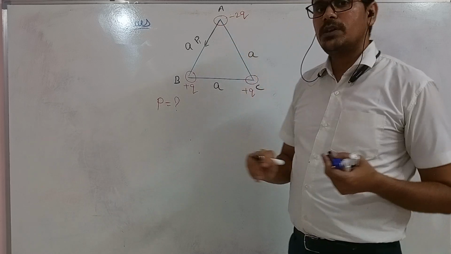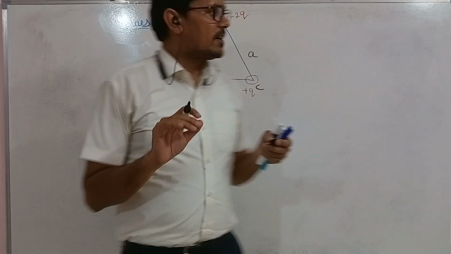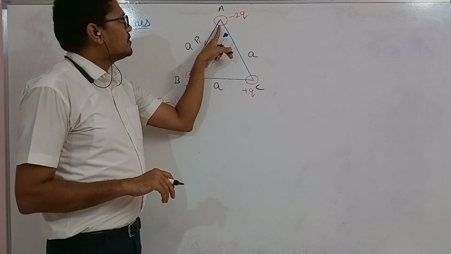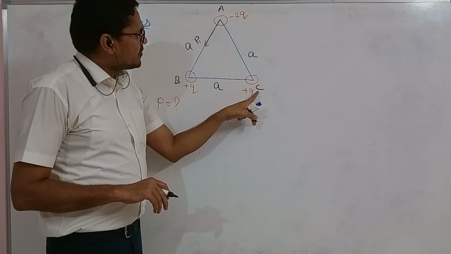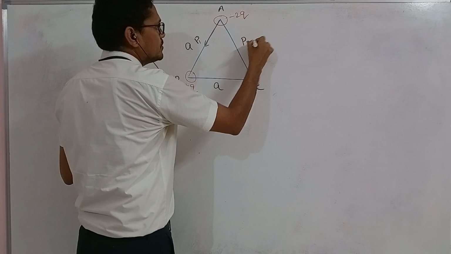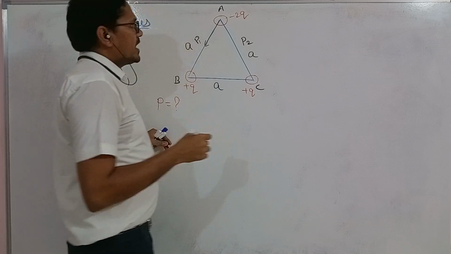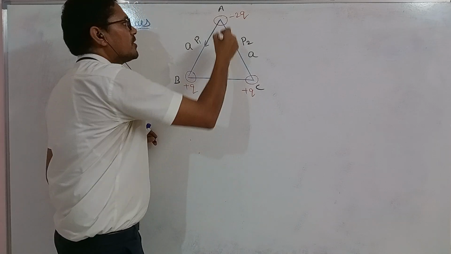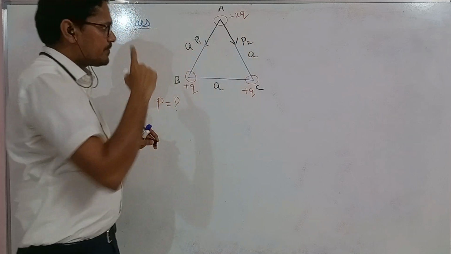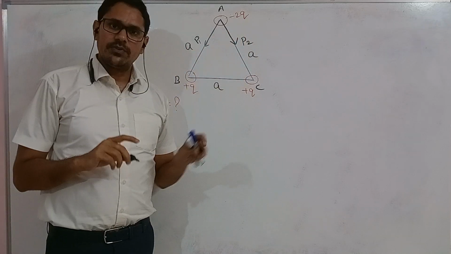This would be the direction of P1 we have. Now the dipole moment due to one negative charge here and one positive charge here, let us consider this dipole moment is P2. The direction of P2 would be from negative charge particle to positive charge particle. These are the two dipole moments we have.